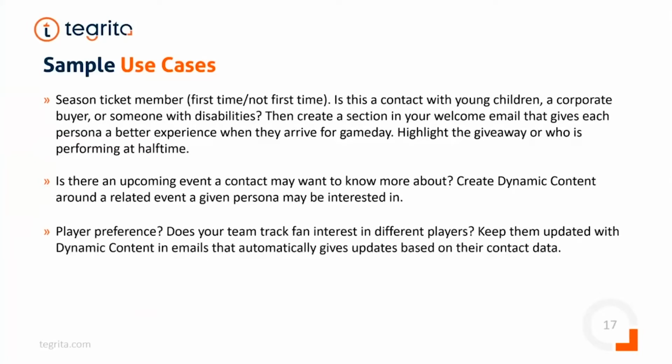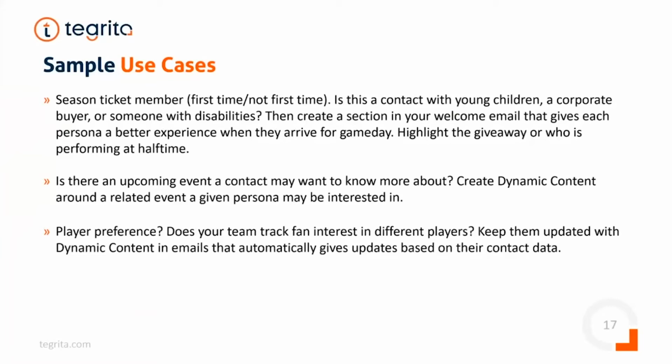And another one that I've kind of picked up on talking to various different teams is player preference. Some people, especially certain teams, really like to follow their favorite player, and we pull that data in. So if you want to keep people updated about those different players, then this is kind of an easier way, I think, to manage that or to add it as a little bonus add-on to your content.